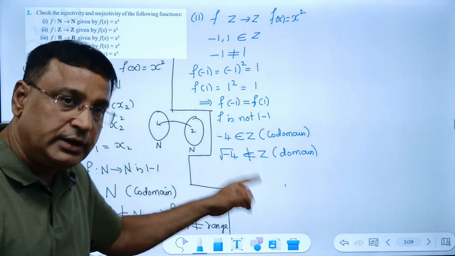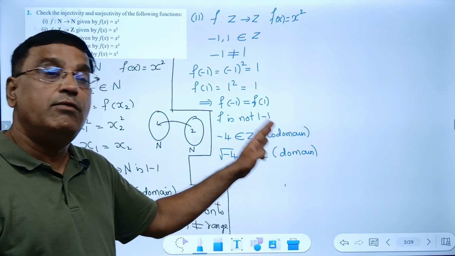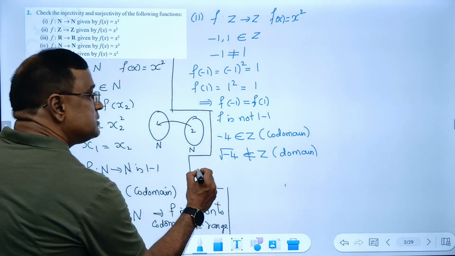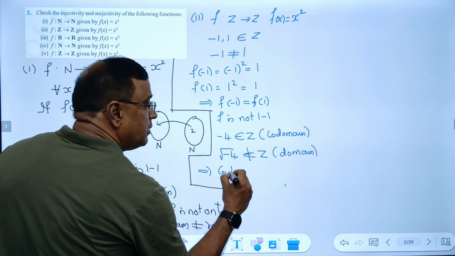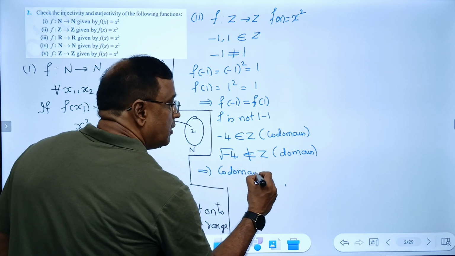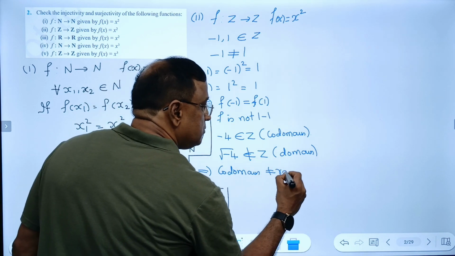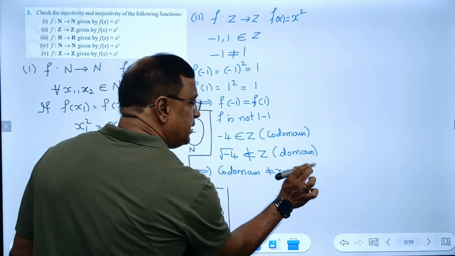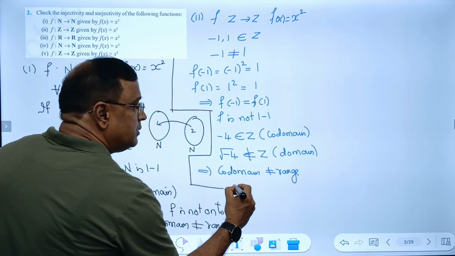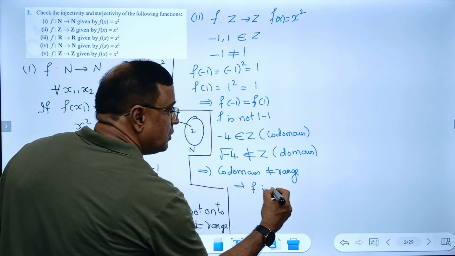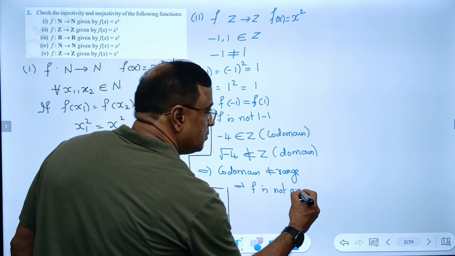This implies codomain not equal to range. You don't have to find the range, just give one example, that's it. This implies f is not onto.